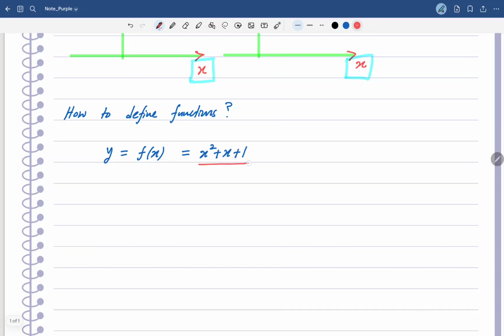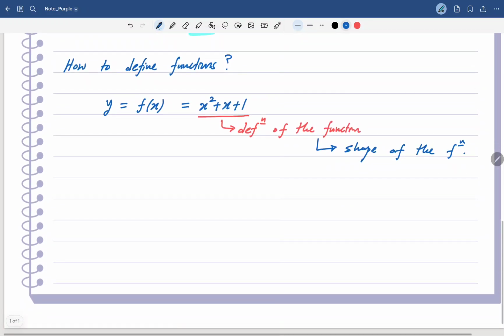This part of the function is called the definition of the function. Why is this definition important? This definition tells you about the shape of the function.